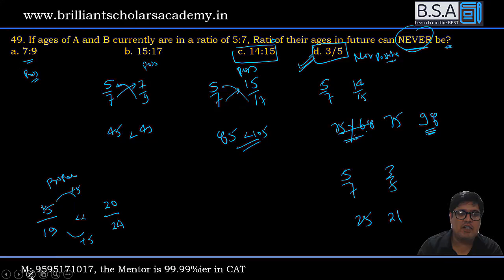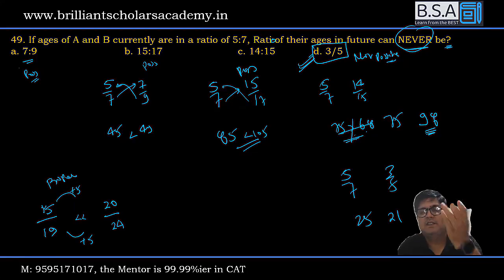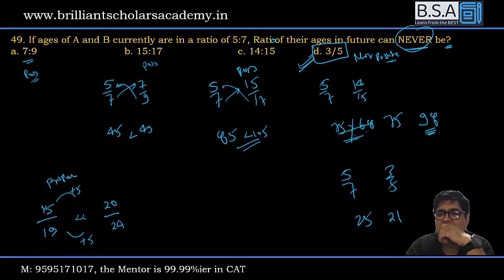Not C, D is the answer. Arey, it was a calculation mistake, 17 into 7 into 14 is 98. How will it be 68? D is the answer.